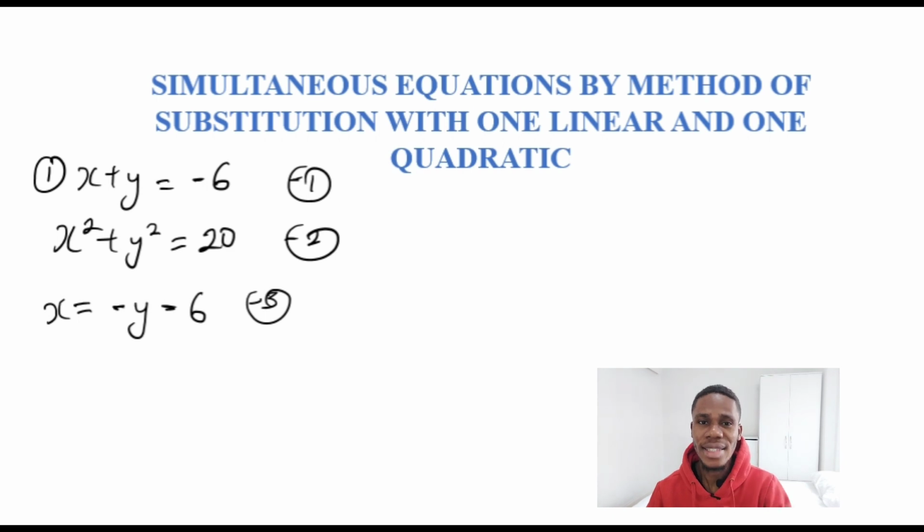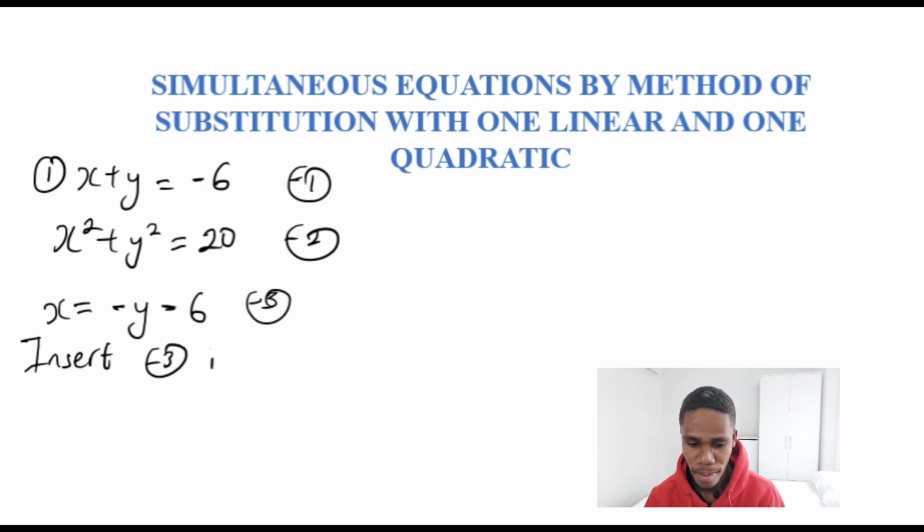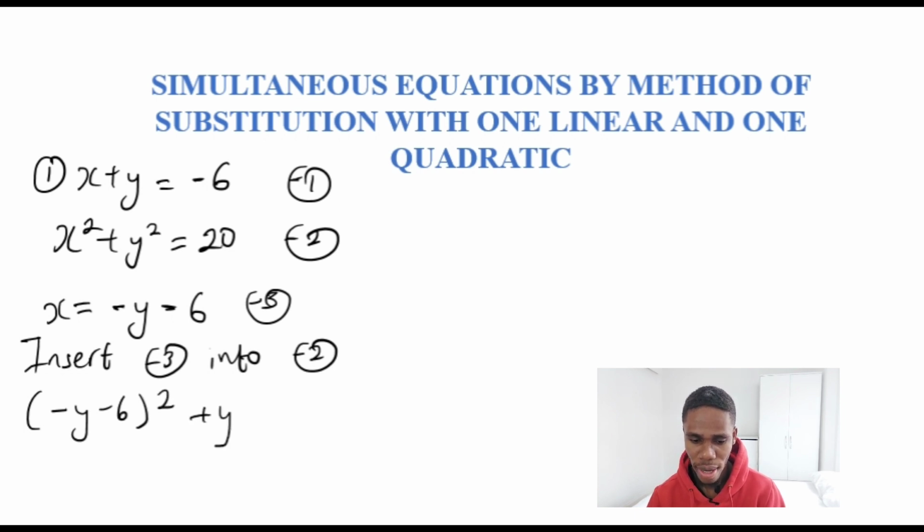Now, insert equation 3 into equation 2, which means wherever you find x in equation 2, you replace it with minus y minus 6. Inserting gives us minus y minus 6 all squared, which is this x squared, plus y squared equals 20.